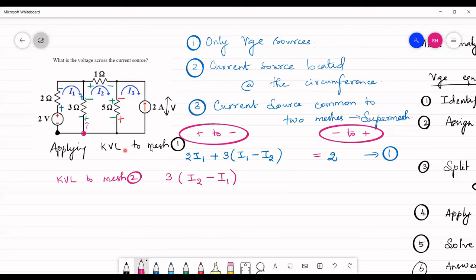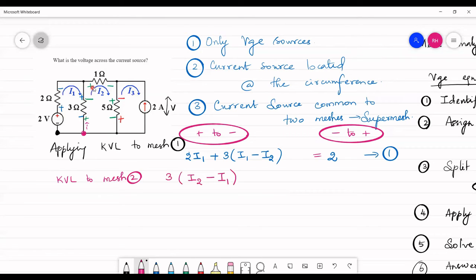Whenever you write the equation for mesh 1, I1 should be written first, followed by the other current which is flowing in the resistor. Similarly, now I write the equation for mesh 2, so I have to write I2 first, followed by the other current flowing in the resistor, if you have any other current. So here it is 3 into I2 minus I1.